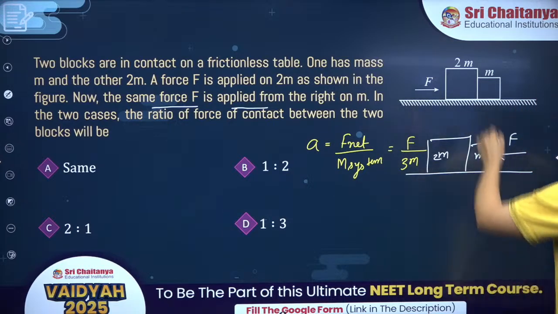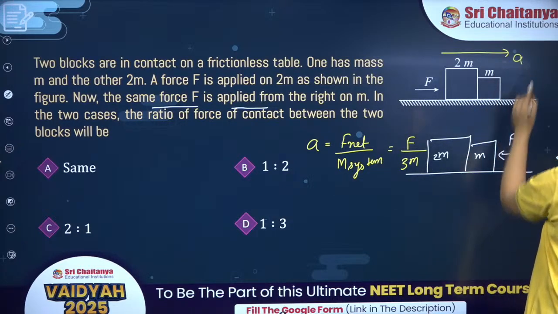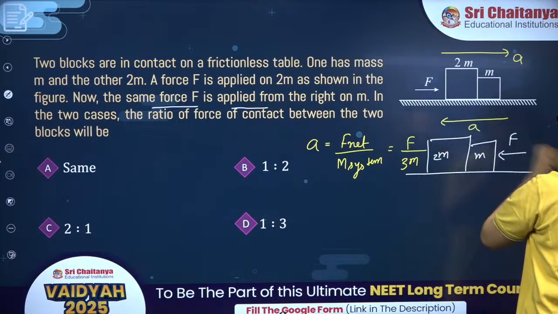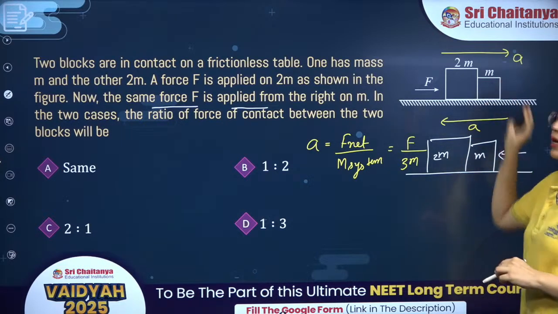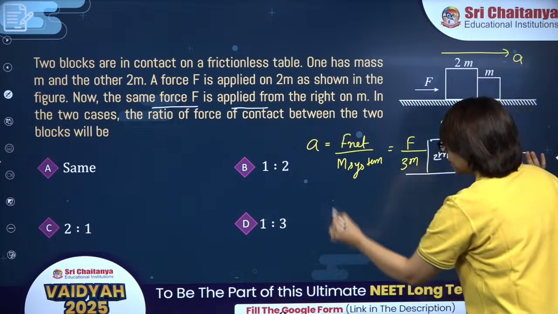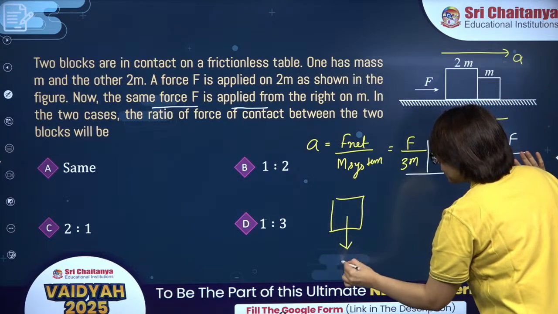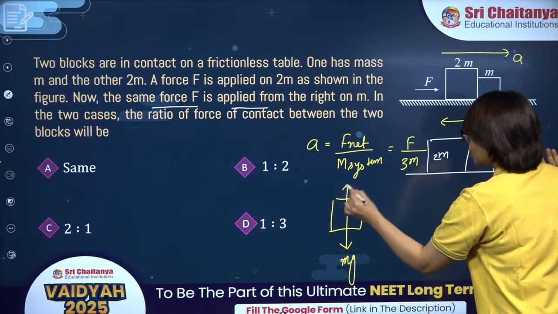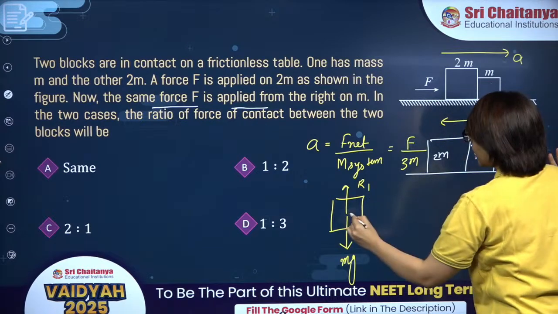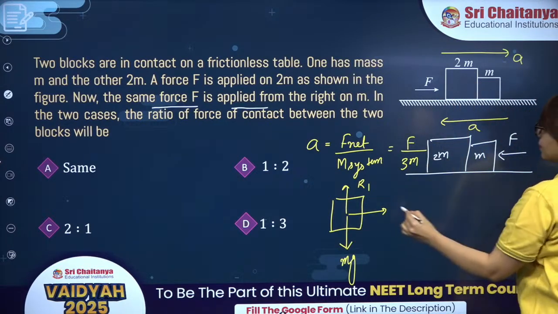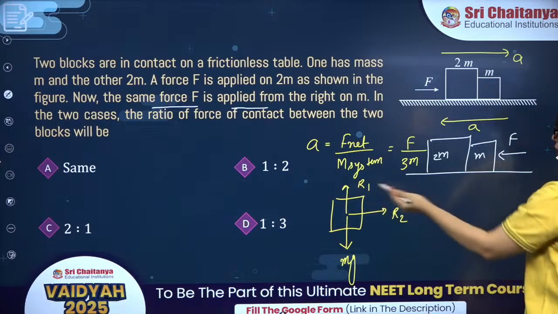But acceleration of this will be in this direction and acceleration of this will be in this direction, right? Now in this situation, if you draw the FBD of small m, mg will be down, normal reaction provided by the ground will be up, and normal reaction provided by this 2m will be towards right.